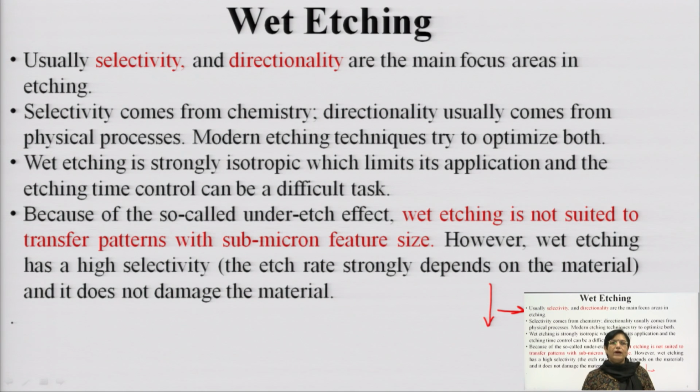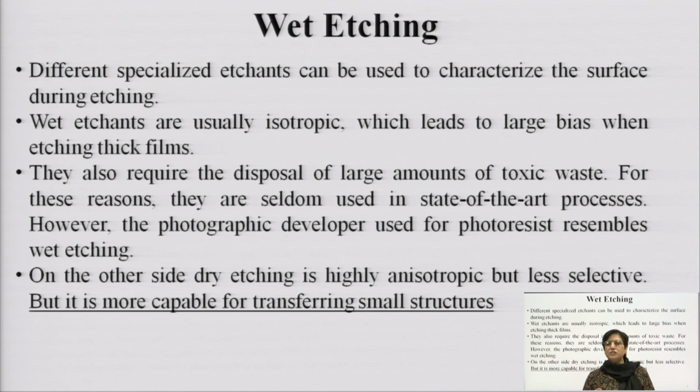However, wet etching has very good selectivity, that is, the etch rate is very strong. You can have selective etchant solutions, different specialized etching solutions can be used, and you can have precise etching if your chemical reaction is well studied.